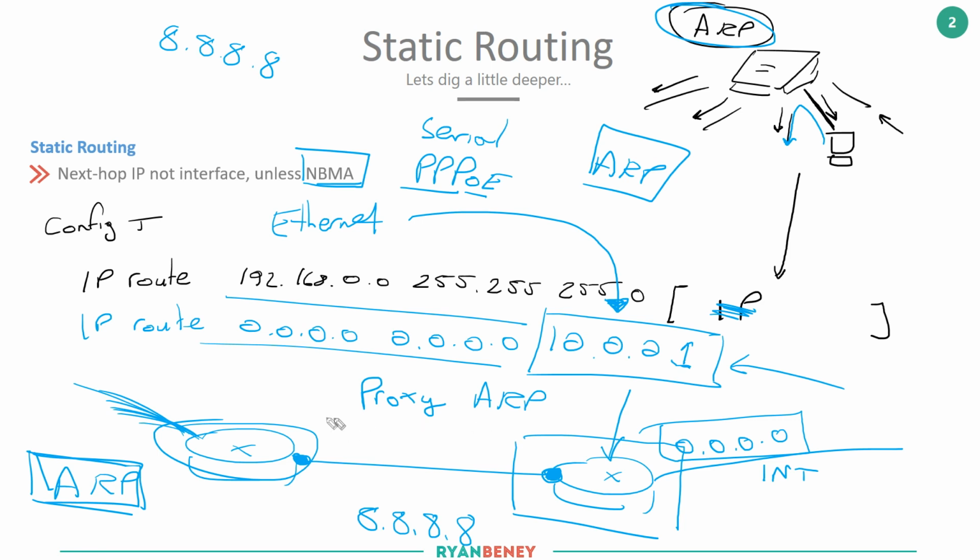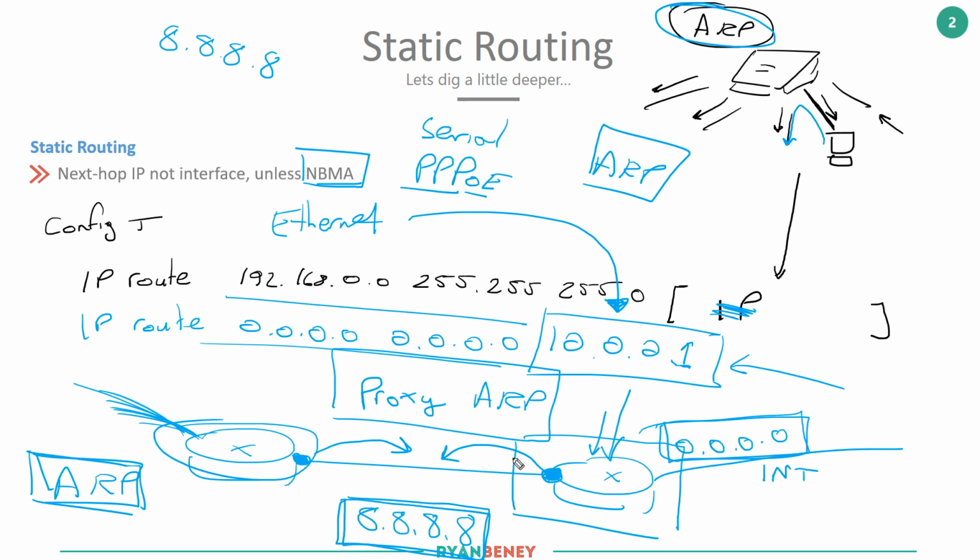And proxy ARP essentially means if this router was to ARP on the link for a destination that this router knows about, and he knows about it through the default gateway, then this router will respond on behalf of 8.8.8.8 and say, hey, when you build your layer 2 frame, put me as your MAC address and I will get you to the destination.